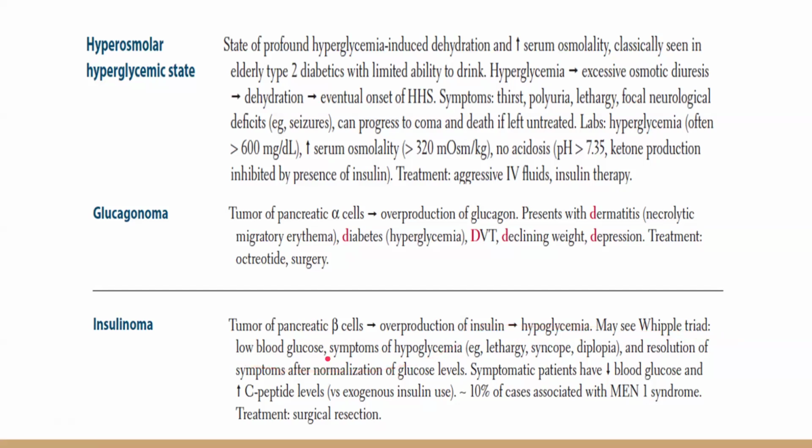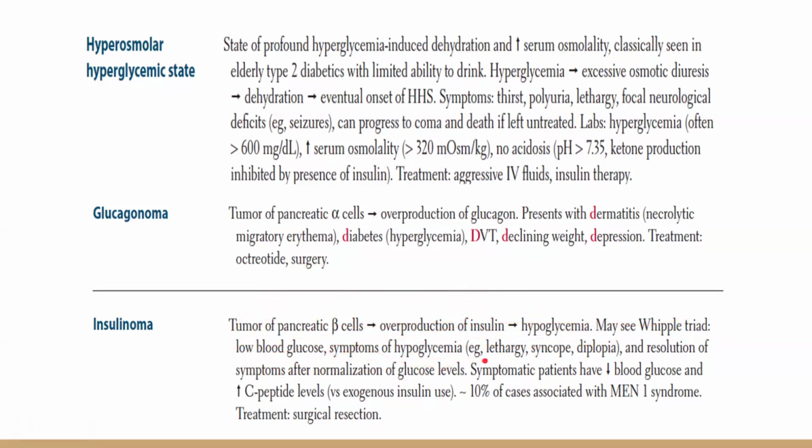Low blood glucose. We know why. The hypoglycemia, right? You are taking up blood glucose. Okay, so this time it's normal insulin, but it's produced in great amounts. So now it's abnormally taking up glucose.